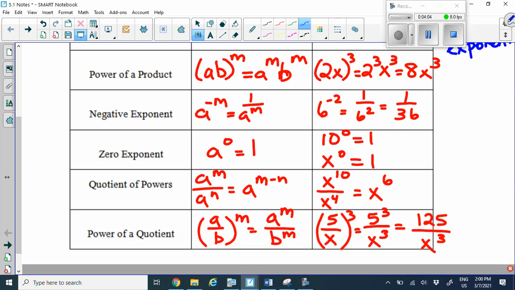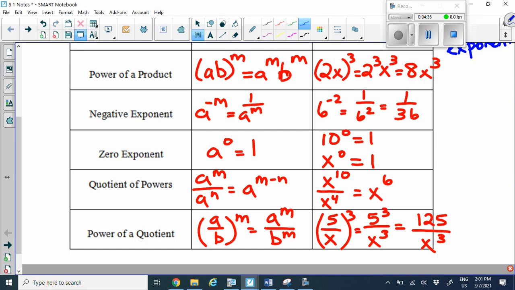And then our last is the power of a quotient. As I said before, when you have terms that you're multiplying or dividing and they're being raised to the same exponent, you can distribute. So if we have a divided by b, I can distribute that exponent to the numerator and to the denominator. Here, notice we have 5 over x, and the entire fraction is in parentheses, so that's when we know it's being raised to the third power.